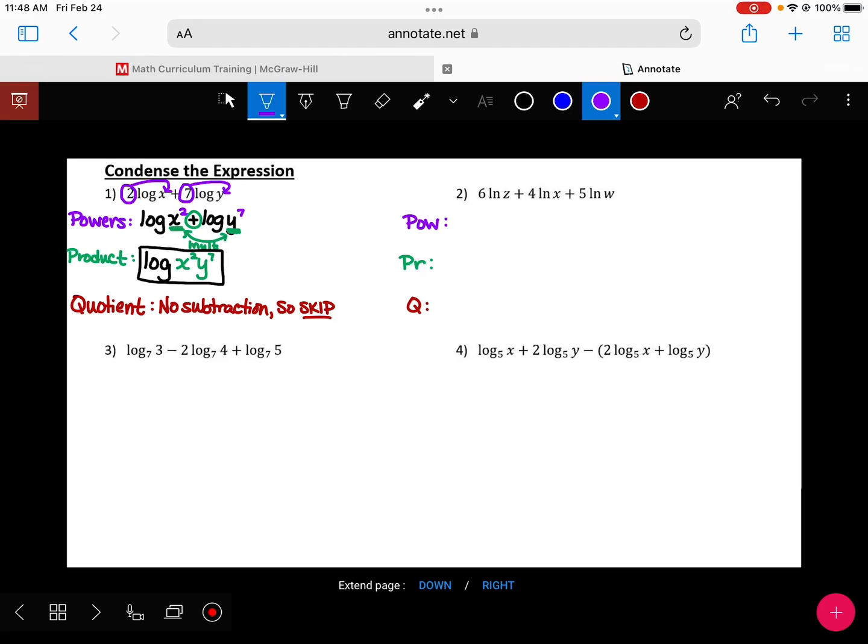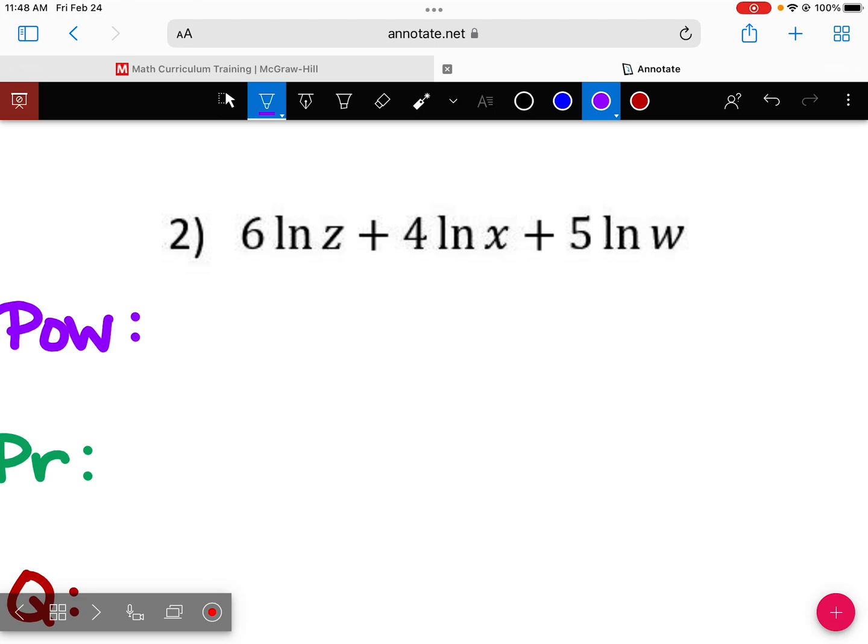Do I need to do the powers step? Yes. How do you know? Because you have numbers in front of the log. What is the log that I have this time? Natural log. We'll learn more about natural log next week, but we're using the notation now.